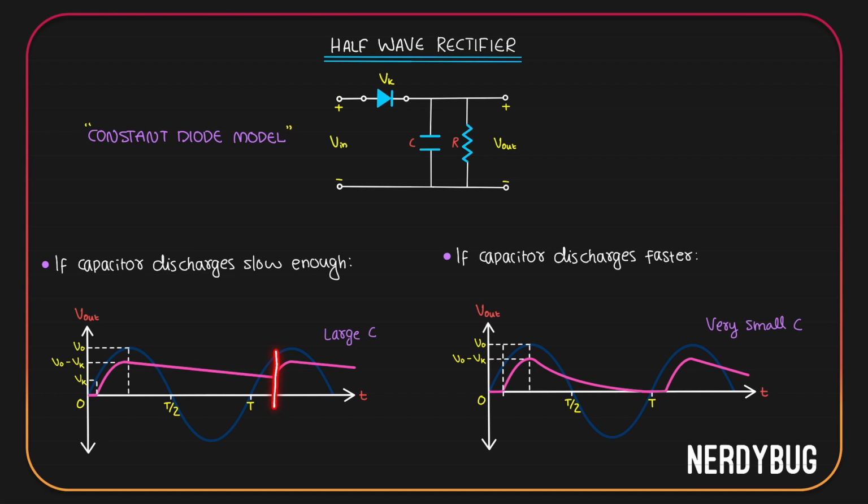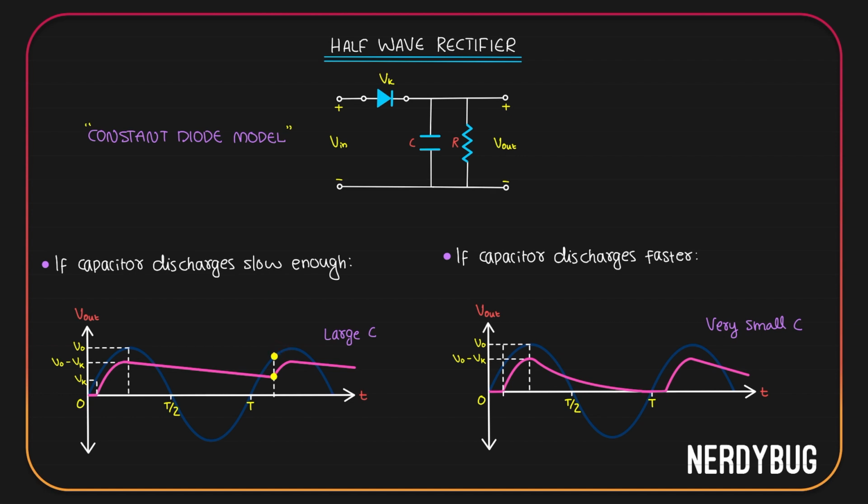At this particular point, this is the potential across the capacitor and this is the input voltage. Input voltage is higher than the voltage across the capacitor. Assume that the difference between them is equal to the knee voltage Vk. After this, the input voltage is increasing above Vk.